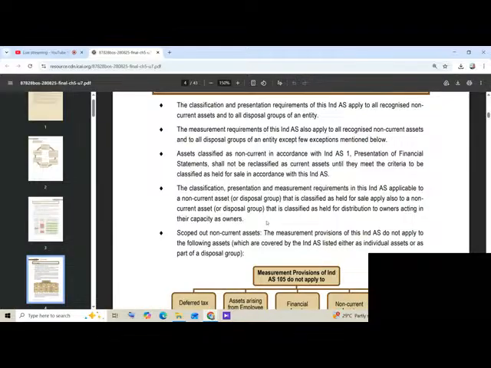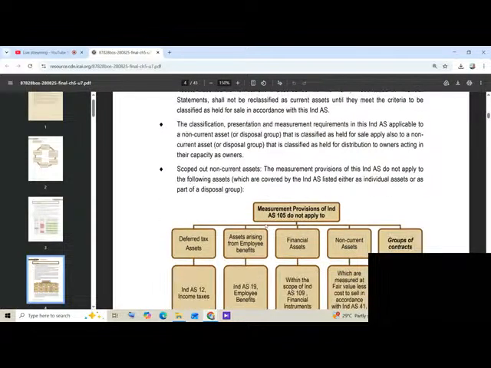Assets classified as non-current in accordance with Ind AS 1, Presentation of Financial Statements, shall not be reclassified as current assets until they meet the criteria to be classified as held for sale in accordance with this Ind AS.